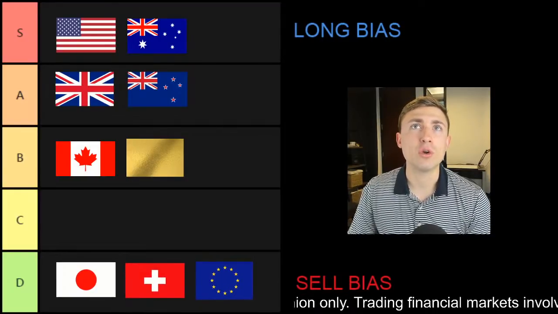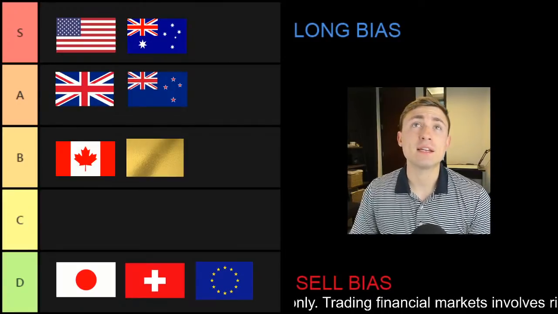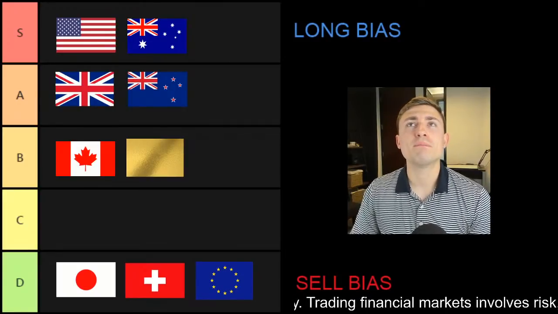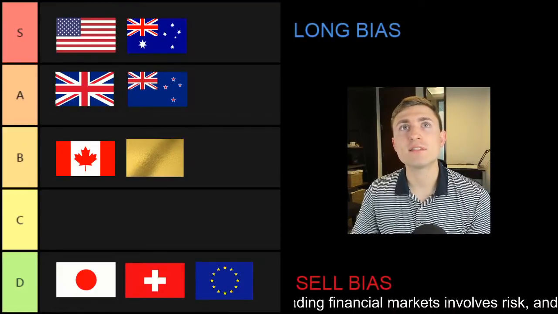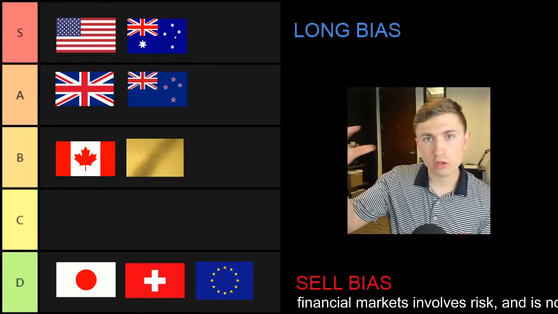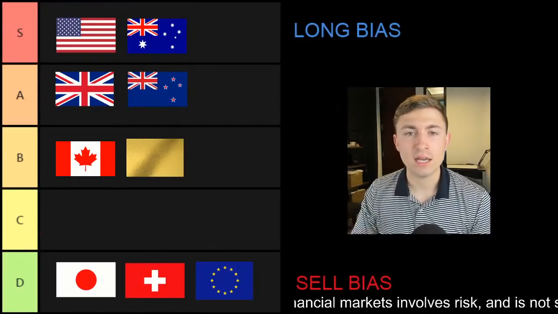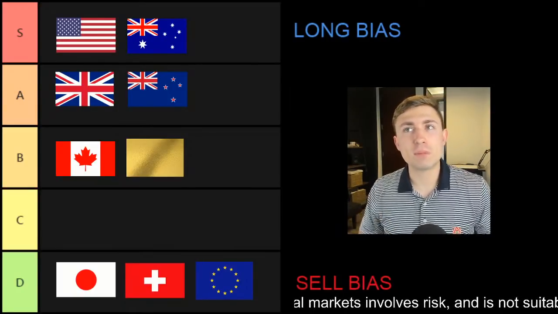So of these different currencies, and I guess gold in there as well, I'm usually looking to buy one of the top ones and sell one of the lower ones. And that is because I'm going for a strong currency versus a weak currency. And that's where some of the best trends for me sort of come out of. Now, this is based on my opinion.